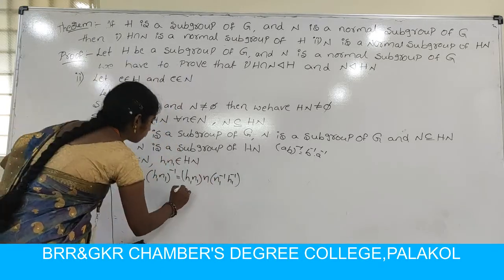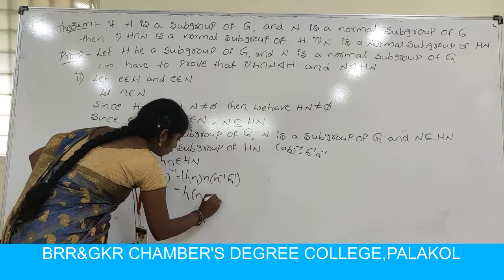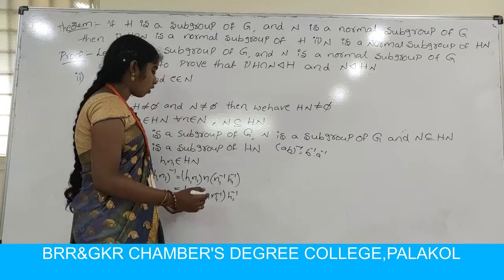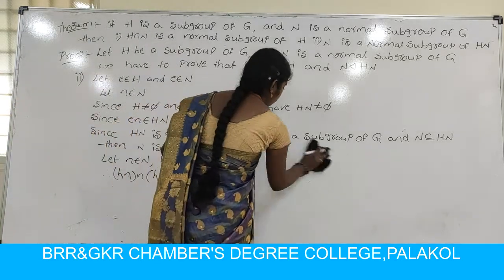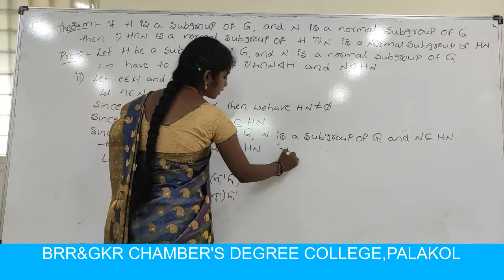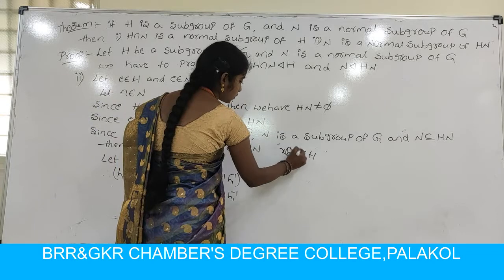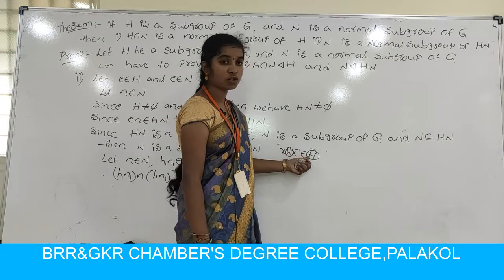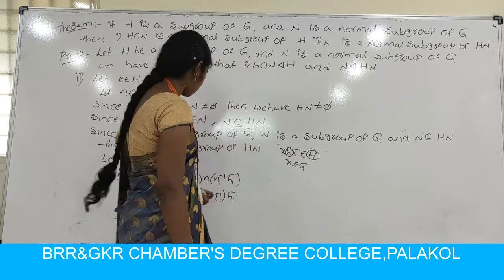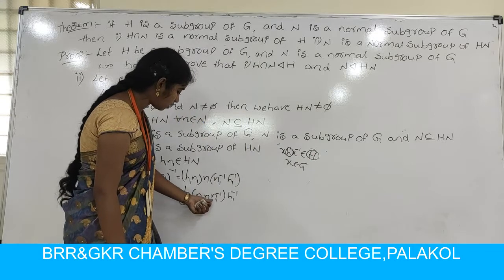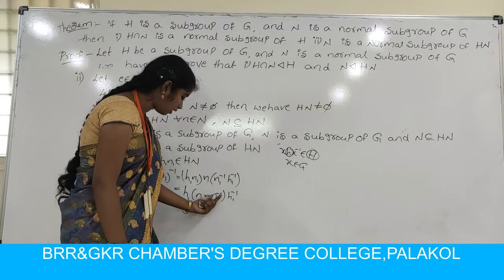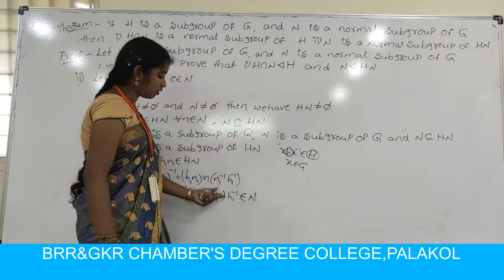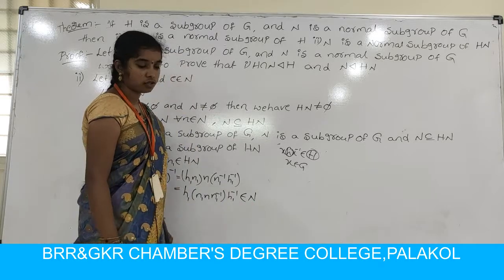Changing the brackets, H1 into N1 into N into N1 inverse into H1 inverse. Already you know the subgroup definition: XH X inverse belongs to H, small h belongs to capital H, X belongs to Z. So that means H1 belongs to H, H1 inverse belongs to H.